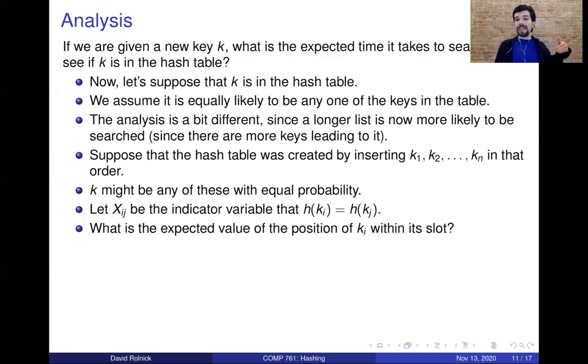We have to find it by going out to that position. It might be 10th in the linked list, and then we'd have to go 10 steps along the linked list to find it. What's the expected value of the position within the list?